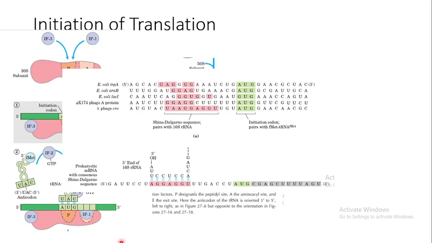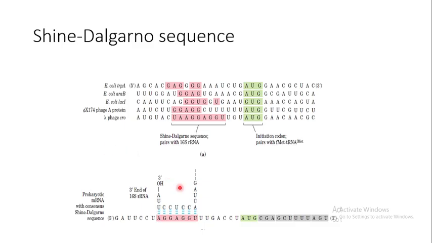And then only the fMet aminoacyl tRNA will come and be recruited to this P site where the start codon is, right? So next we will see how the elongation takes place after initiation of the translation.